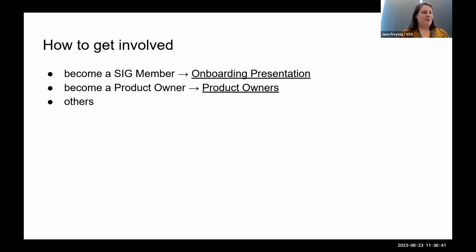There are plenty of other ways you can get involved in the project, for example as a developer, but since this is a working meeting for a SIG, I think these are the two main roles. If you're a developer and want to get involved, you can also contact me, and I will direct you to the appropriate location.